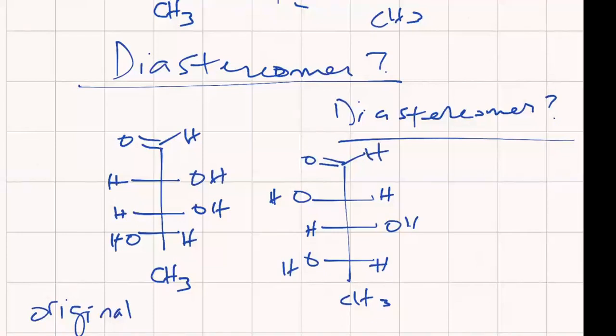I changed this chiral center. It doesn't matter which one you change, but the other two are the same. You see that? Then we're going to go to the next chiral center and change that, to draw the next diastereomer.